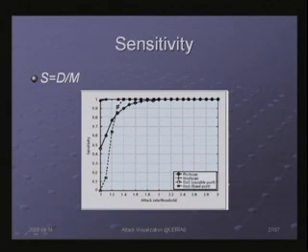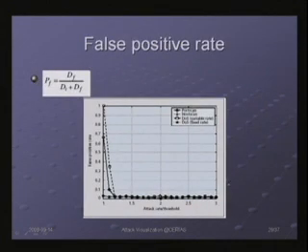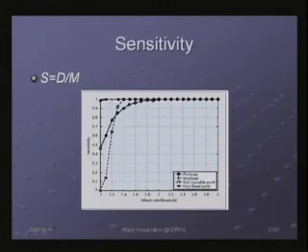And we measured the sensitivity, relative error, and false positive rate. The sensitivity is basically, say there were 100 attacks inserted in that legitimate traffic, how many among the 100 does the software catch? So that was the sensitivity. S is the sensitivity here, D is the number of detections, and M is the number of mounted attacks.